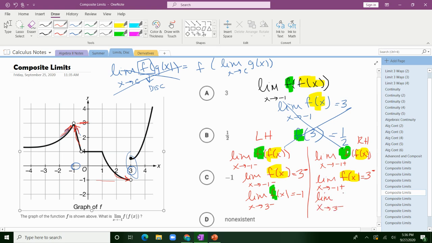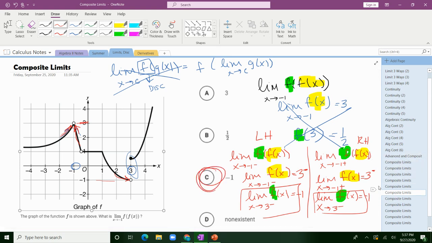This is still going to be 3 from the left of my outside function, f of x. I already did that. I got -1. So sometimes when you do this, they will end up being the same thing in the end. So your overall limit is -1 because the left and the right hand limits were the same. So you can see that the rule definitely didn't work. We didn't get 1/2, or it does not exist.